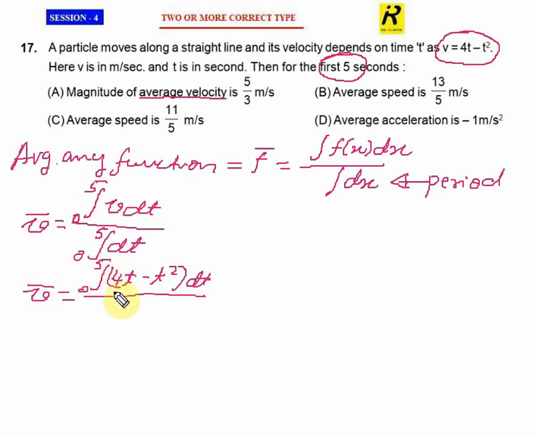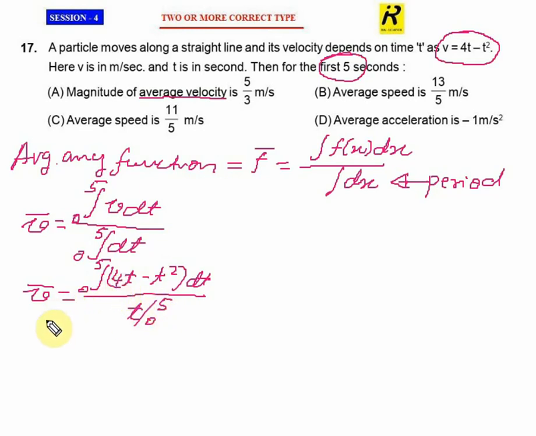In the denominator, the integral of dt is t, and since the limit is from 0 to 5, it is simply 5.